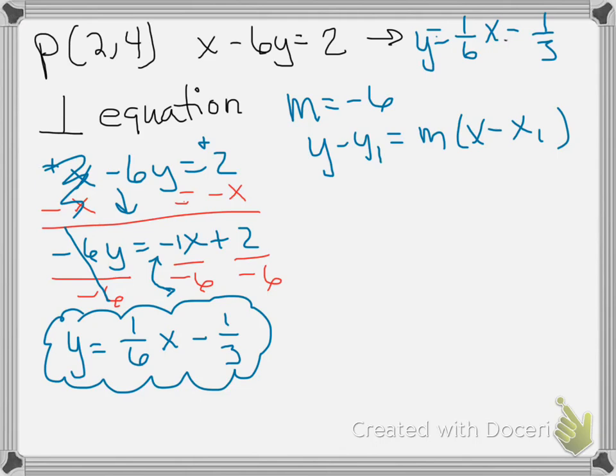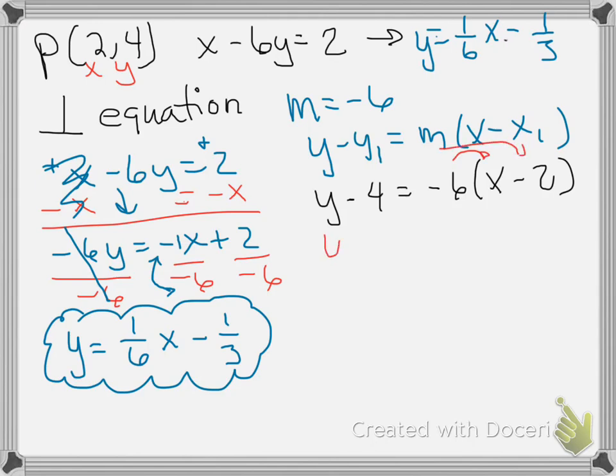Alright, so I'm going to plug these in. Remember, this is my x value, this is my y value, so I'm going to plug this in. y minus 4 equals negative 6 times x minus 2. Now we're going to distribute.